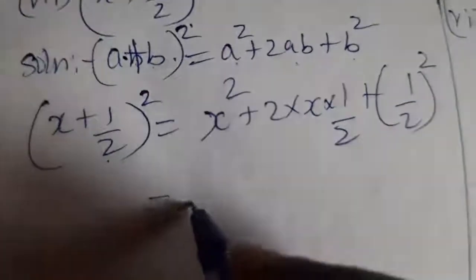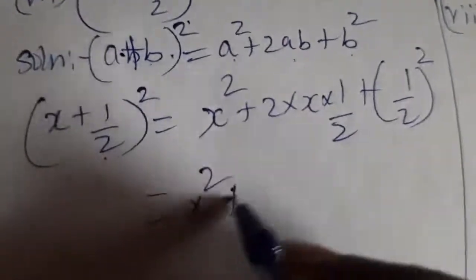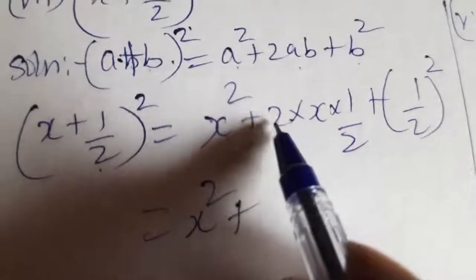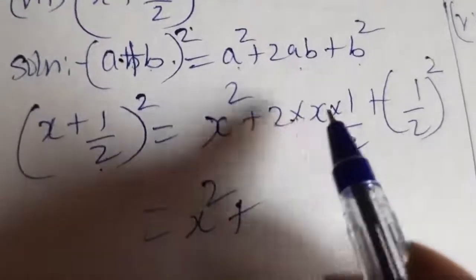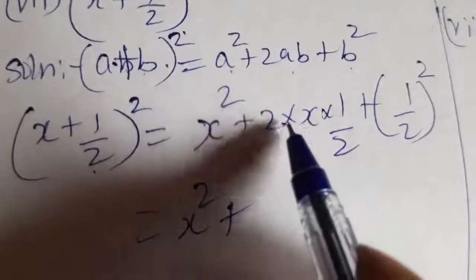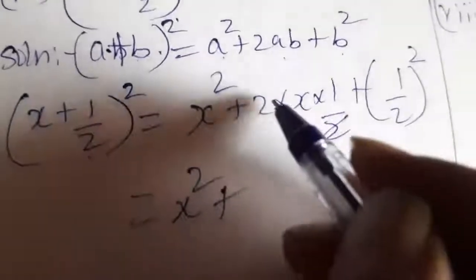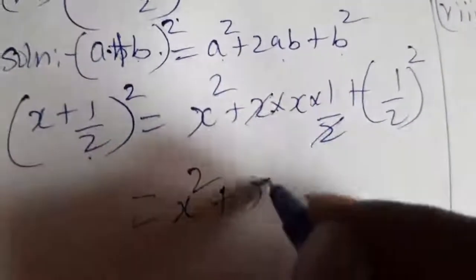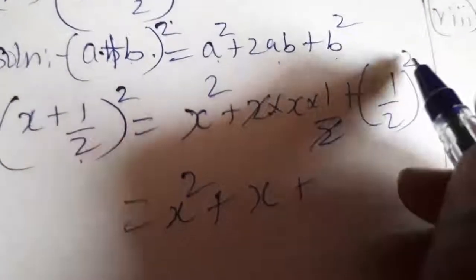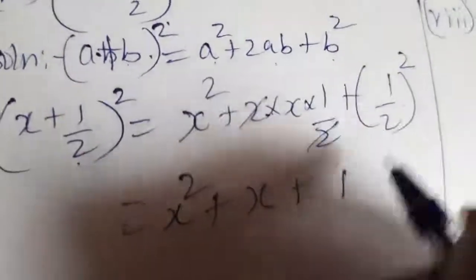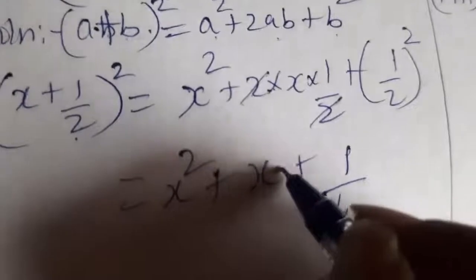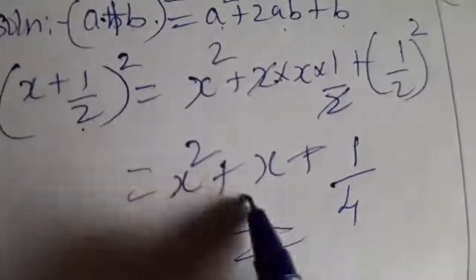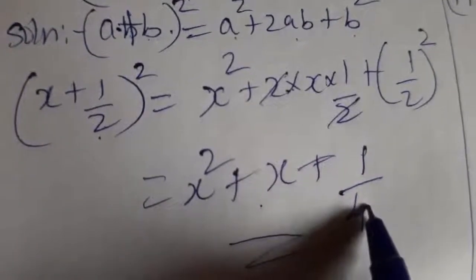So that will be x square plus, look here, multiplication: 2 into x into 1/2. Since it is multiplication, this 2 and this 2 can be cancelled. If there is no multiplication we cannot cancel. x into 1 is x, plus 1 square will be 1 only, children, and 2 square will be 1/4. So the answer is x square plus x plus 1/4.